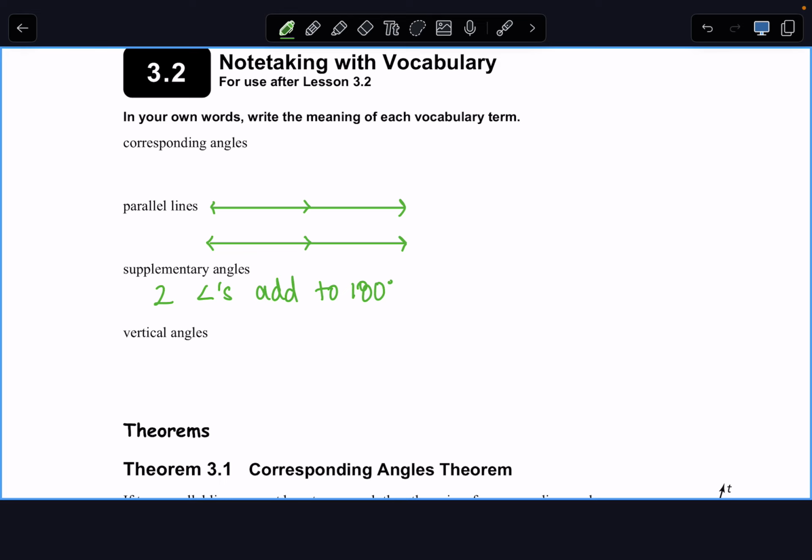And then, you just took your midterm, so all of this should be fresh. Vertical angles are these right here. They're congruent, and they are made with 2 sets of opposite rays.